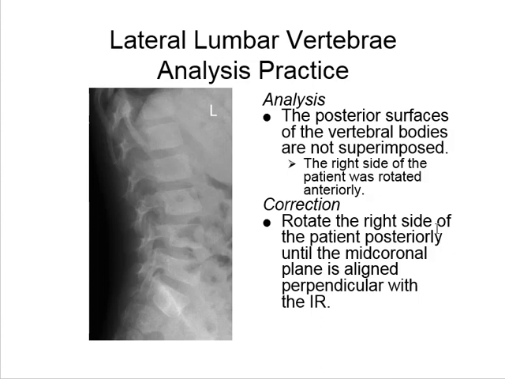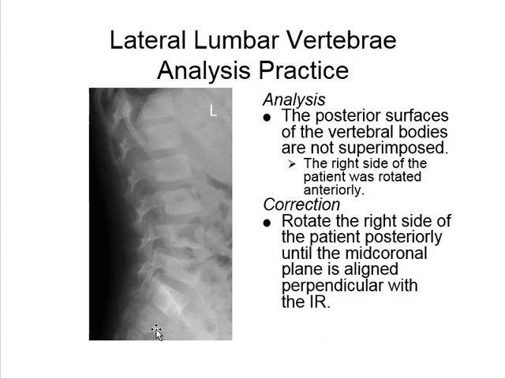So, detecting rotation on a patient on a lateral: first off, make sure the patient doesn't have scoliosis before you start shooting lateral x-rays over again. Evaluate your AP to determine whether or not the patient has scoliosis.